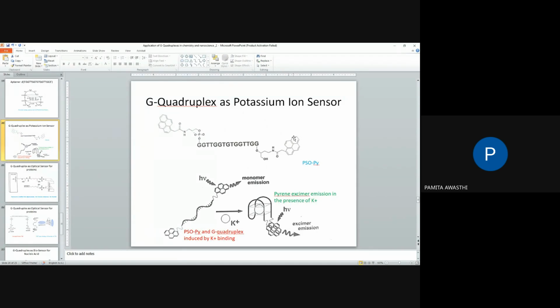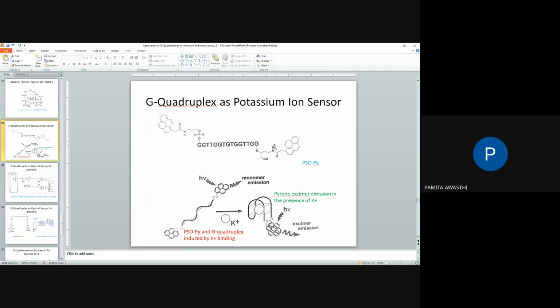So the whole of this structure gave a probe, or we can refer to it as a DNA probe, which is named PSOPY, for potassium sensing oligonucleotide attached with pyrene molecules. So PSOPY is a primary sensor.